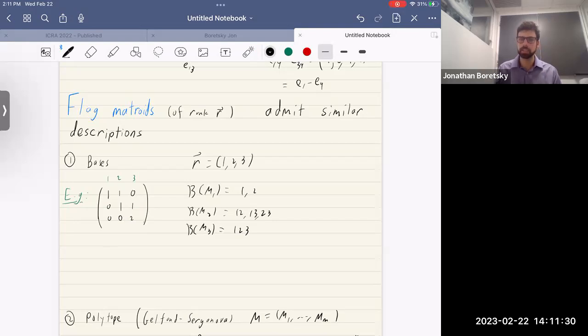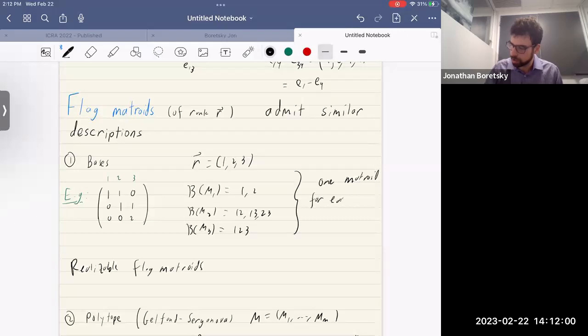And I want to record the bases of the first row, the first 2 rows, the first 3 rows, and in general, the first R_i many rows, thought of as a matrix in and of itself. And then take all those bases together, and those are going to be the bases of my flag matroid. And again, these are realizable flag matroids. So it's just the data of one matroid for each R_i. If you take this data together, that gives you a flag matroid. Okay, so that's the basis description.